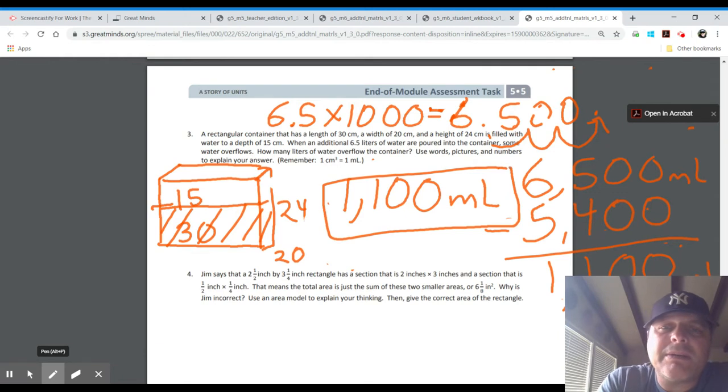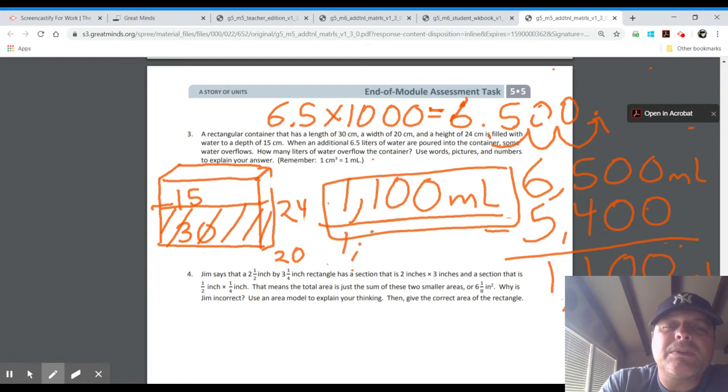If we divide by 1,000, we can do the reverse. We move the decimal over 3 spots, so the decimal always goes at the end. And we move the decimal over 1, 2, 3.